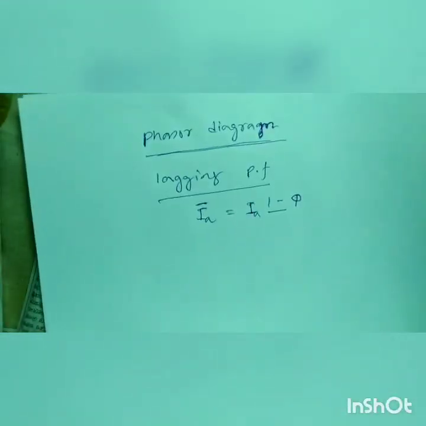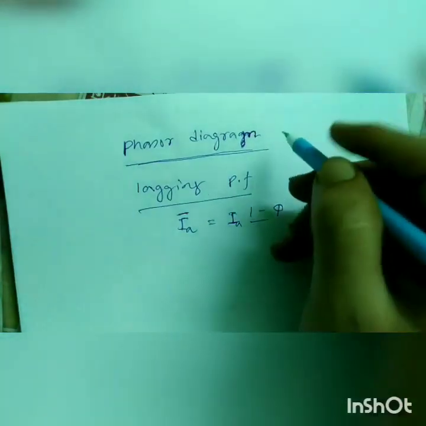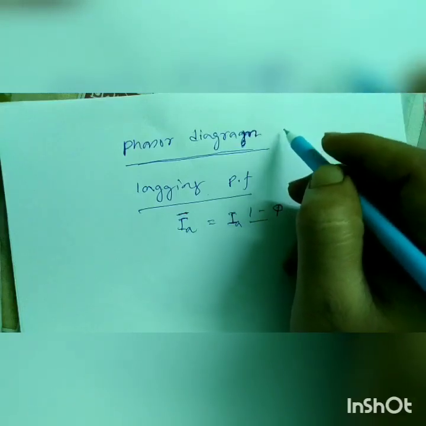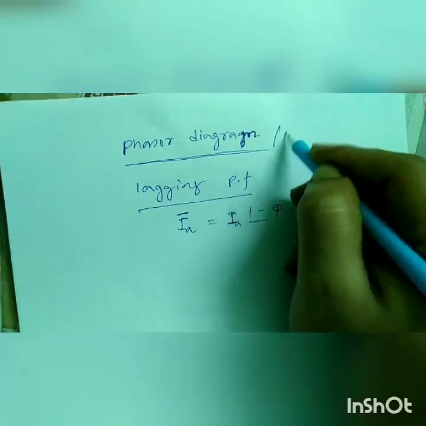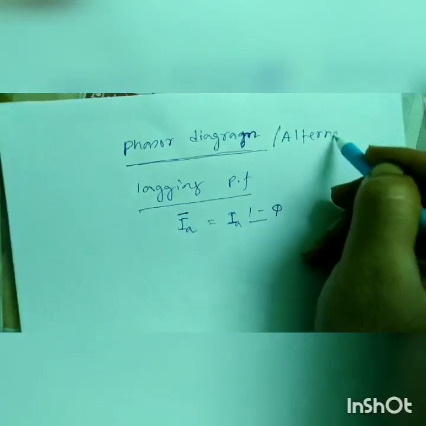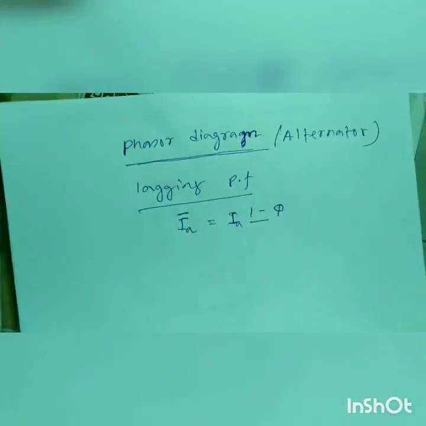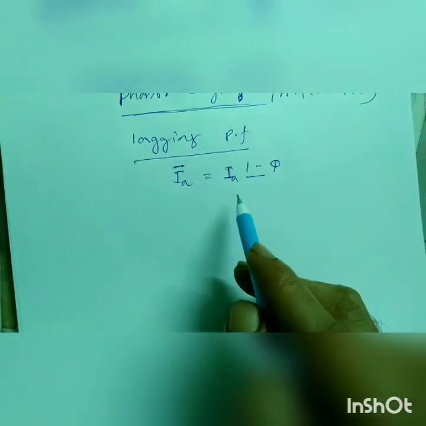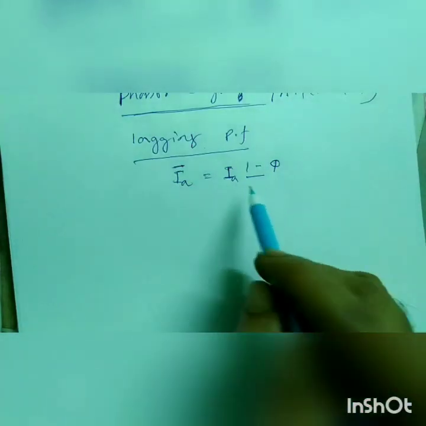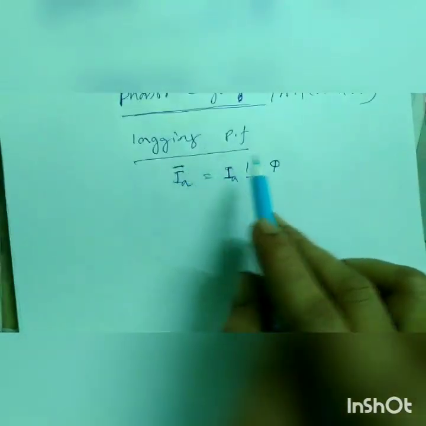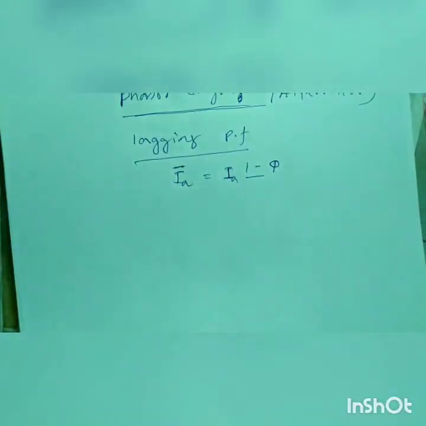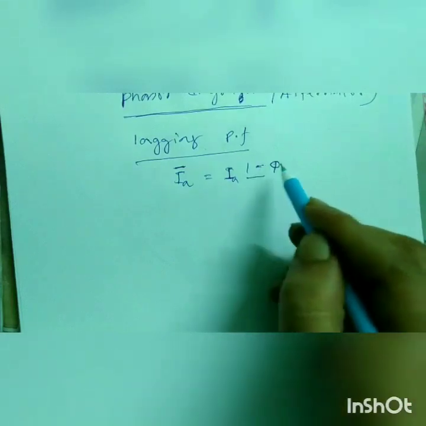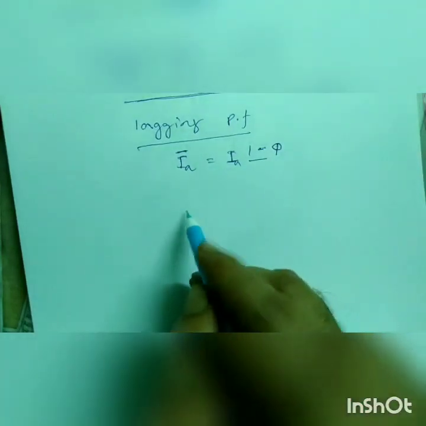Okay, let's take first the machine as an alternator. Alternator is nothing but a synchronous generator. So the alternator is supplying the load at a lagging power factor, cos phi lagging. Phi is the angle, so cos phi will be my alternator power factor.